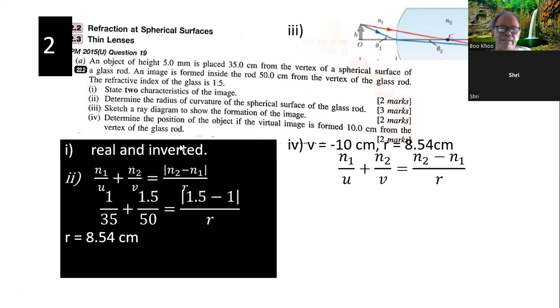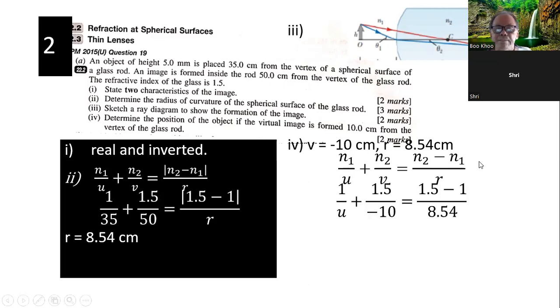So use your lens formula again. Put in your values. This is your air. N1 is 1. U is what you want to find. N2 is 1.5. V is minus 10. Then it is 1.5 minus 1 over radius. This is that. And use your calculator. Okay, with that.